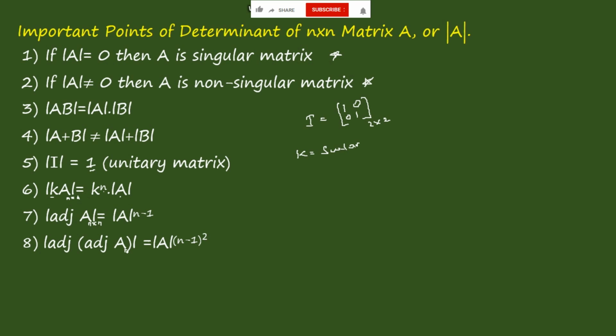A is an n cross n matrix. Then find the adjoint of adjoint of A, its determinant is the determinant of A whole power n minus 1 whole square.